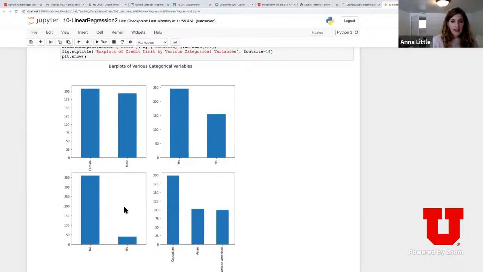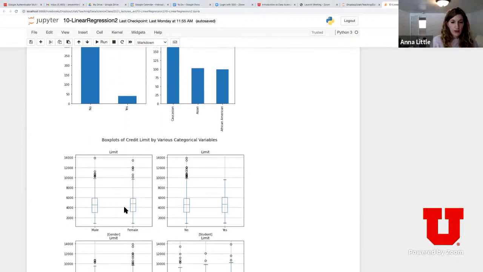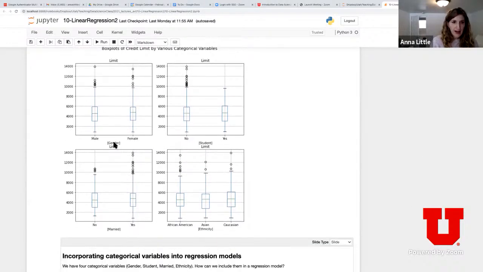For that, it can be useful to make a side-by-side box plot. Here you're looking at credit limit, and then you're looking at the values for the males and for the females, and for the students and the non-students.